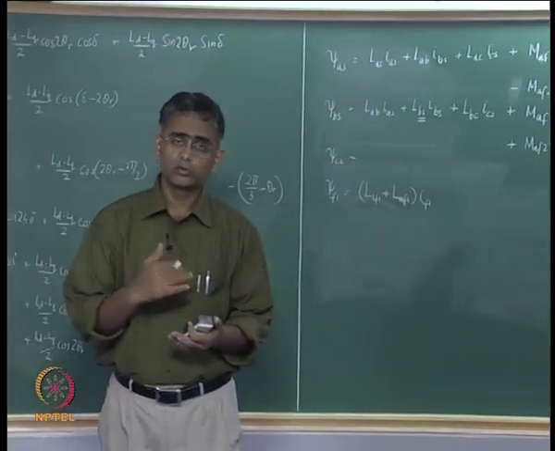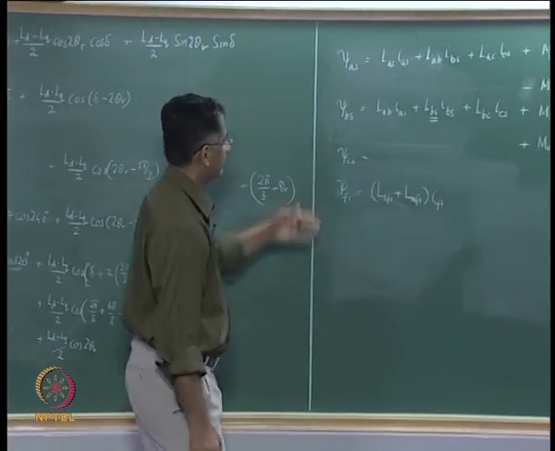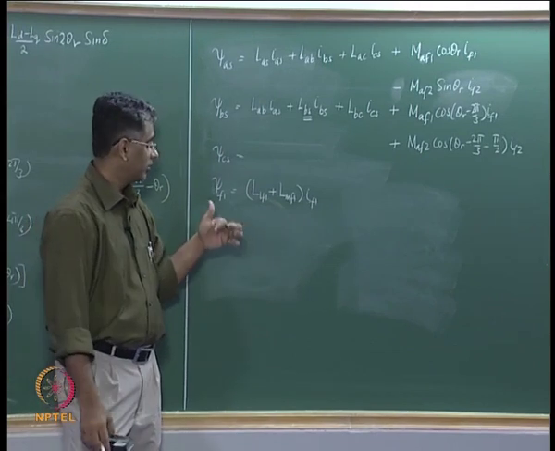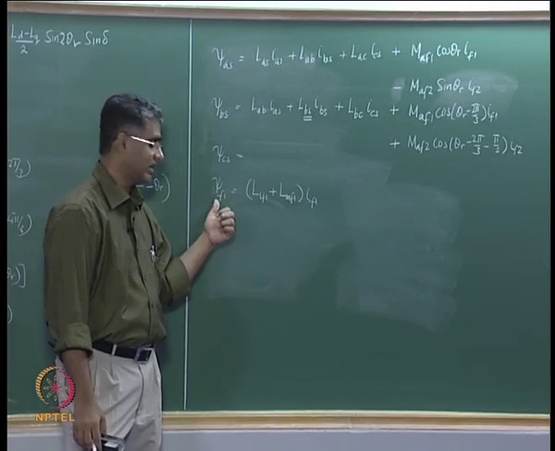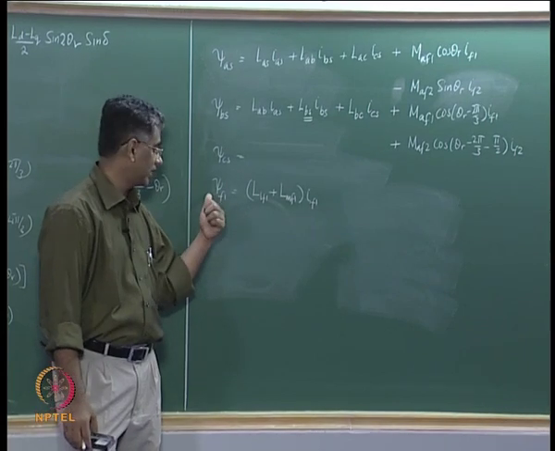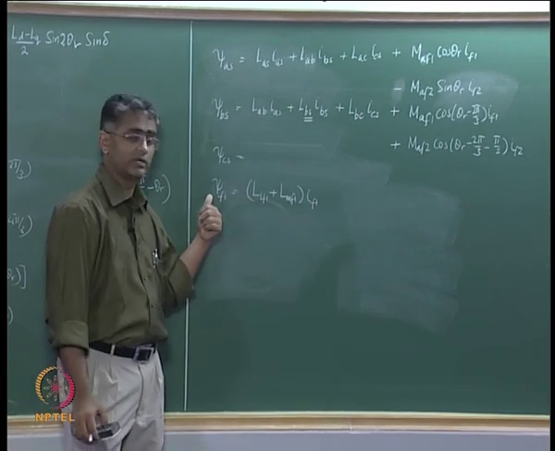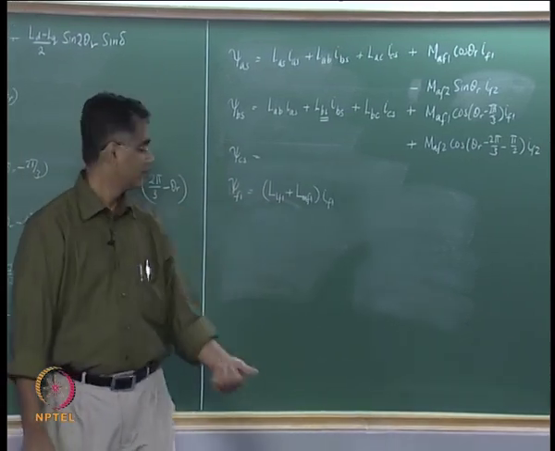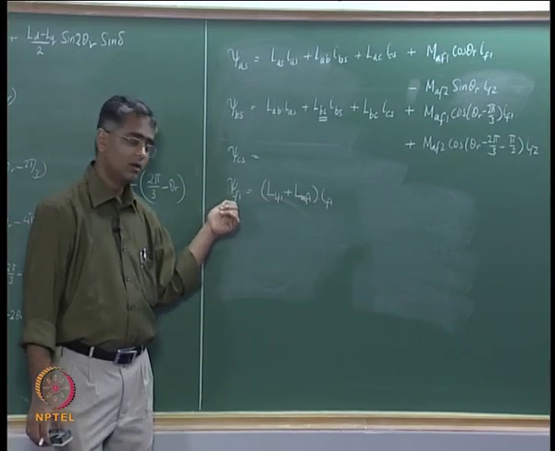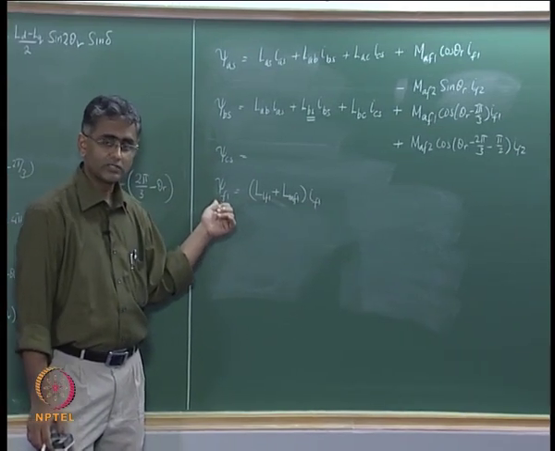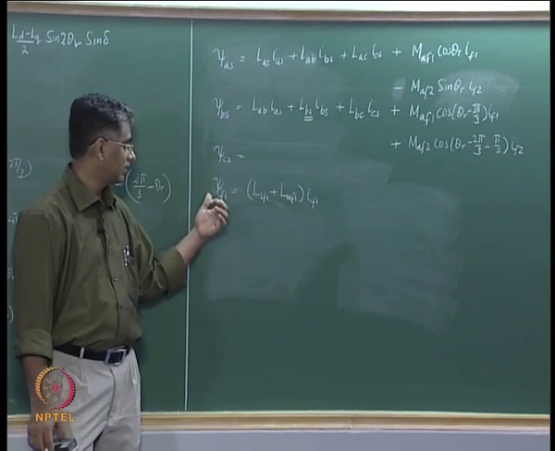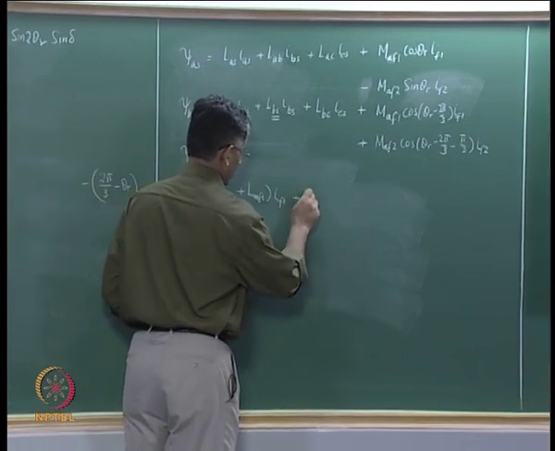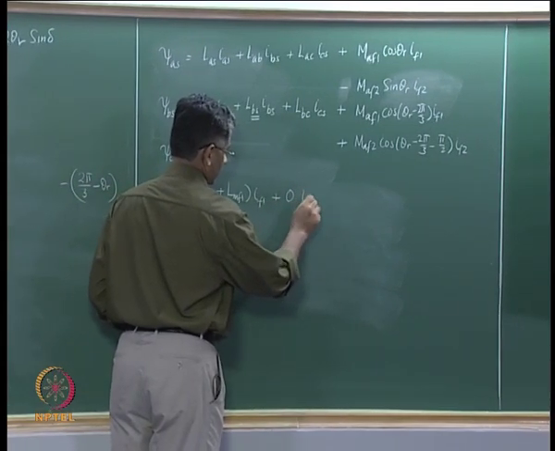Now if you consider mutual fluxes, there are 3 coils on the stator and one more winding on the rotor as well, but the rotor winding has an axis displaced by 90 degrees with respect to that of F1, and therefore the mutual flux arising due to that on the F1 coil will be 0. The stator being cylindrical, the mutual flux linkage between these two is 0, and therefore 0 multiplied by IF2.